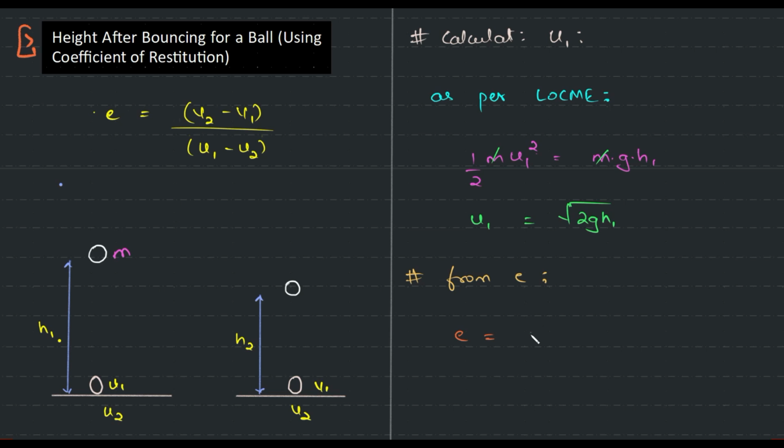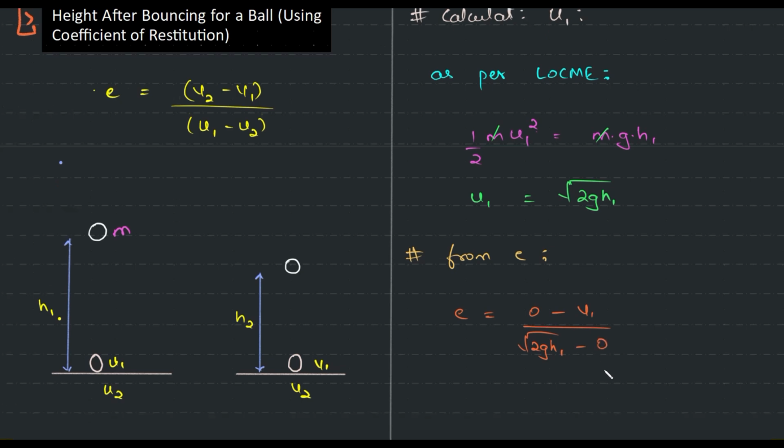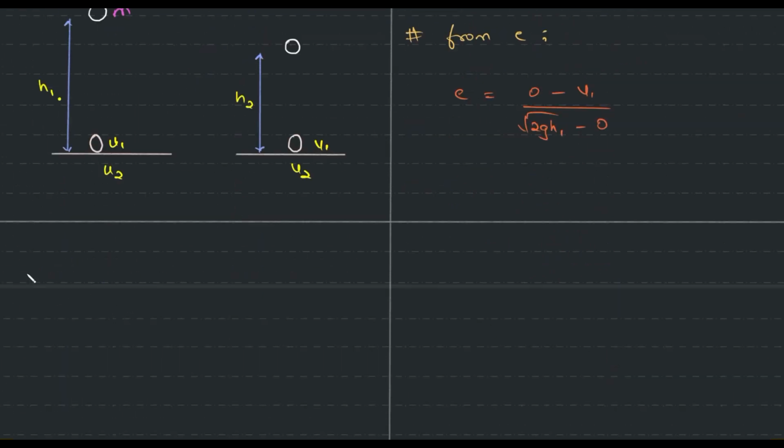So v2, which is 0, minus v1 is what we have to figure out, divided by u1, which is square root of 2g h1, minus u2, which is 0. So a bit of rearrangement, and we are trying to figure out v1, right? So v1 will be negative of e square root of 2g h1.